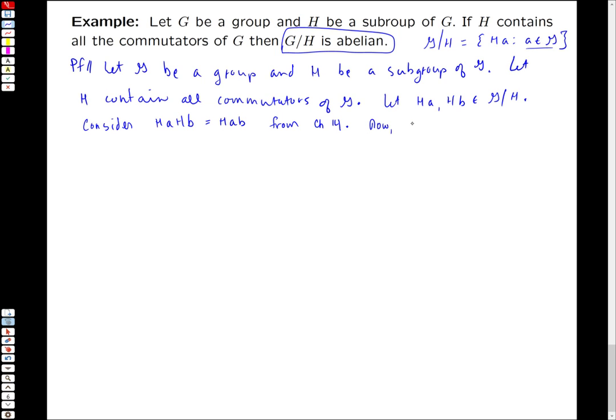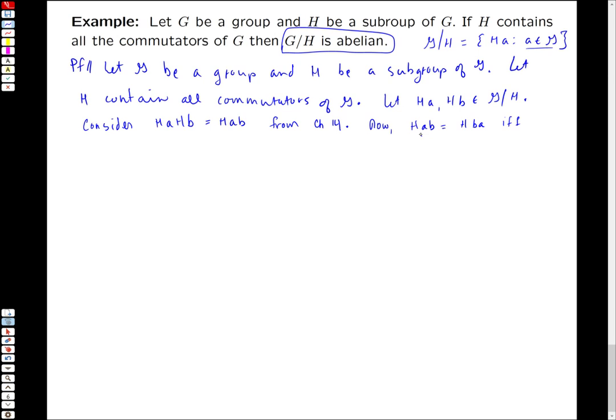So now we can use Hab equals Hba. Back to Theorem 5. What does Theorem 5 tell you? Theorem 5, part A. If and only if.